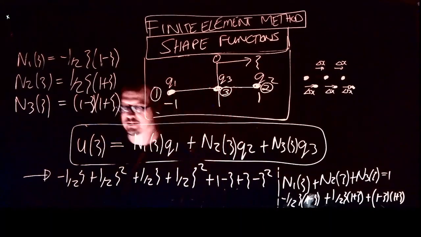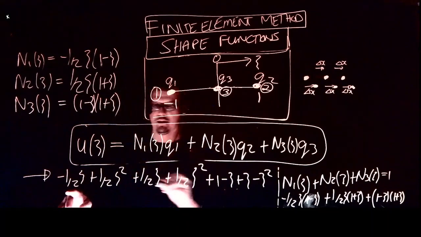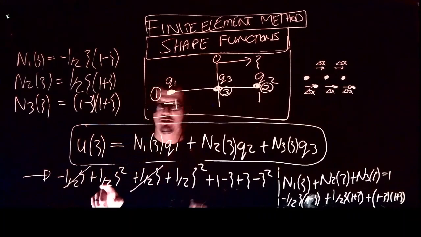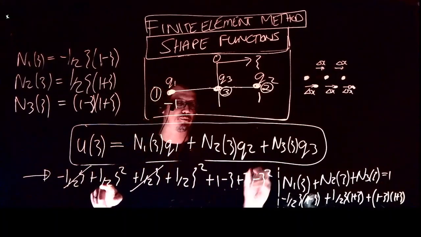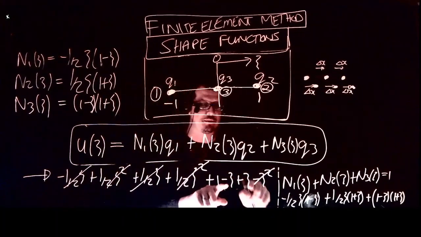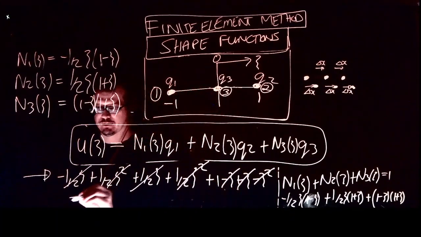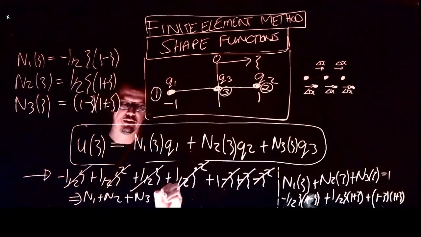Let's see what cancels with what. Minus a half psi and plus a half psi cancel out. This becomes just psi squared, which will cancel with this one. Minus and plus psi cancel, and I'm left with 1. Indeed, N1 plus N2 plus N3 does evaluate to 1.